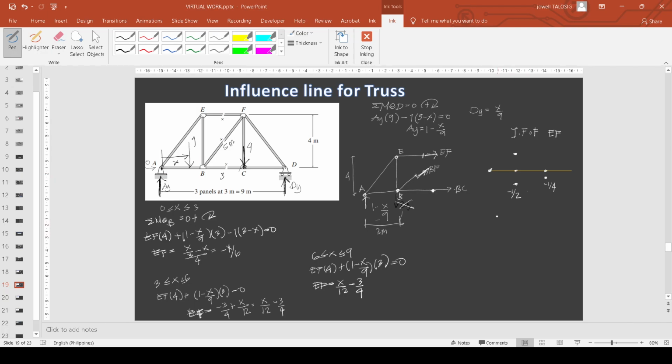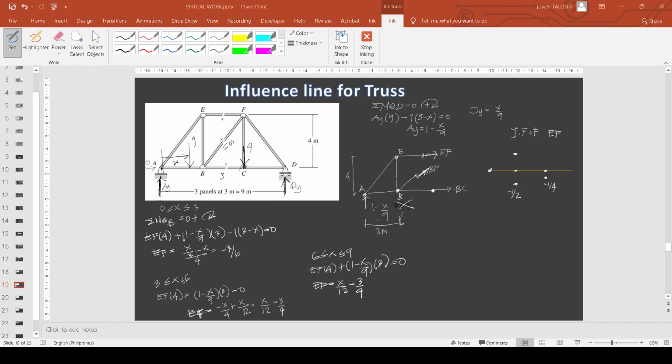Then when x is equal to 6 again, using naman itong equation na to, so pangatlo, so that is 6 over 12 minus 3/4 pa rin. So ang lalabas, negative 1/4. When x is equal to 9, sorry, 9. Ang lalabas, 0. Okay?